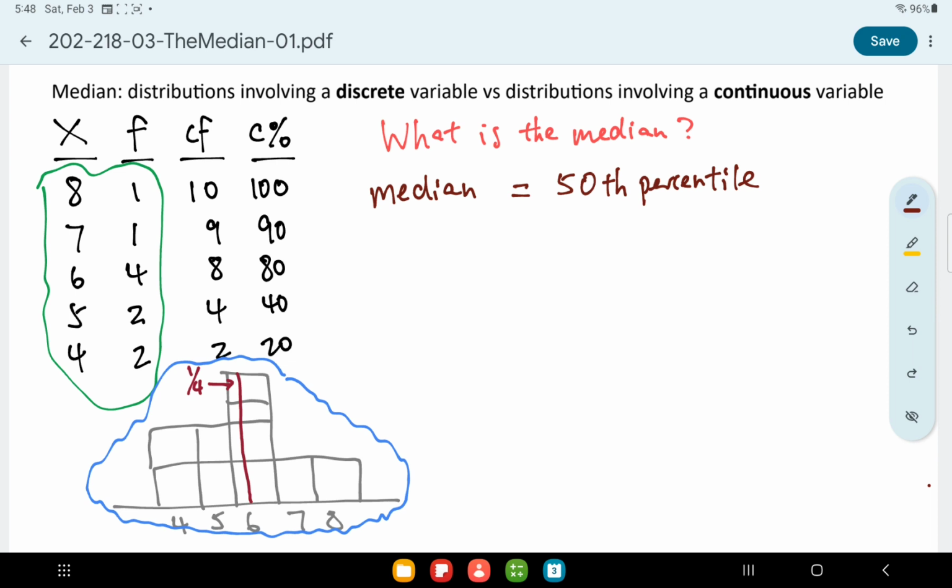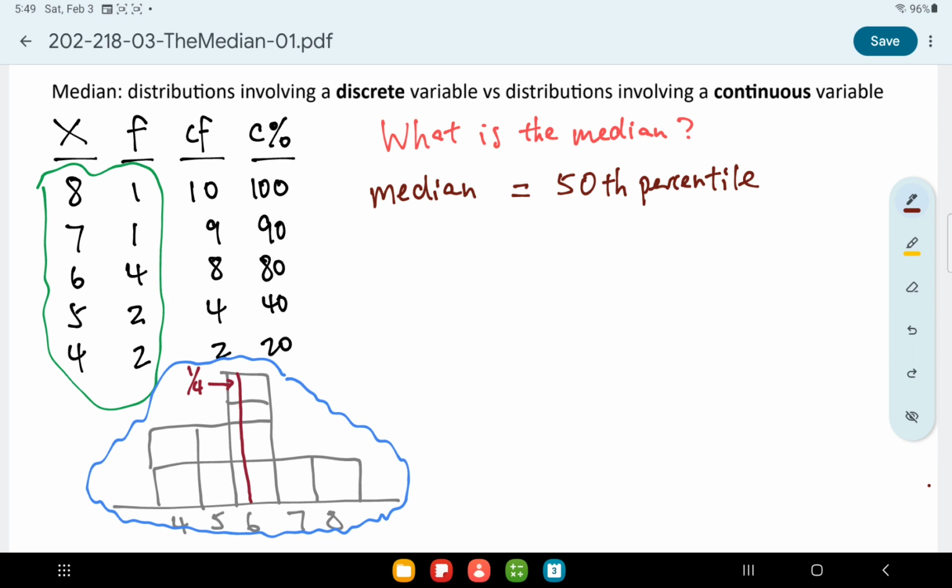Recall that the definition of a median is the number that is right in the middle of the distribution after we line the numbers up from smallest to the largest. When they're lined up in ascending order, the procedure is to find the middle number.